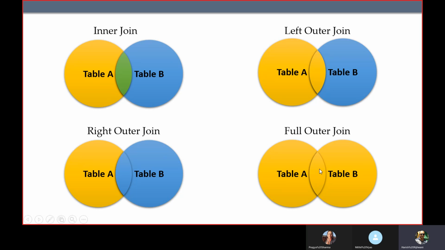And in full outer join, you're getting the entire combination, which matches, which does not match. All the rows are there. Make sense? Understand the basics of inner join, left outer join, right outer join, full outer join.